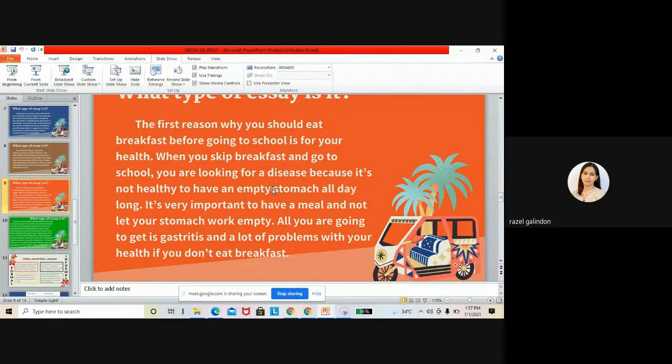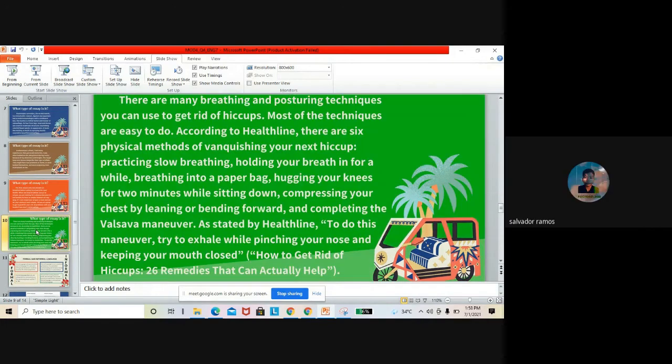Ito ay based sa kanyang observation, based sa kanyang nag-gather na data, pero hindi siya nag-provide saan niya nakuha yung information na yon. That if you do not eat your breakfast, you will have gastritis and a lot of problems with your health. Di ba hindi niya in-include? So yun yung difference between expository and persuasive. So, lahat po ng expository po, may sources po dapat. Opo, yun. Very good.